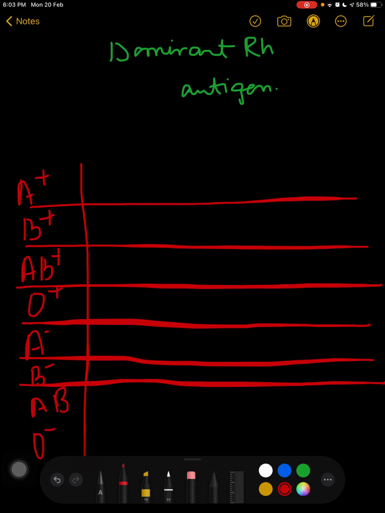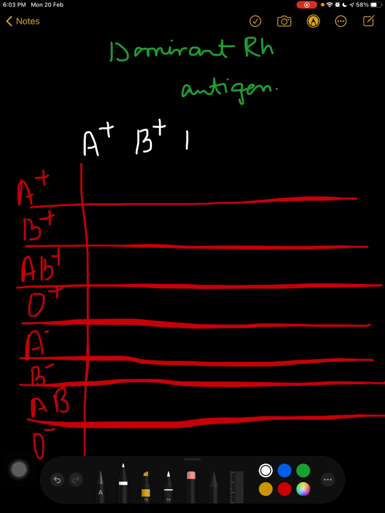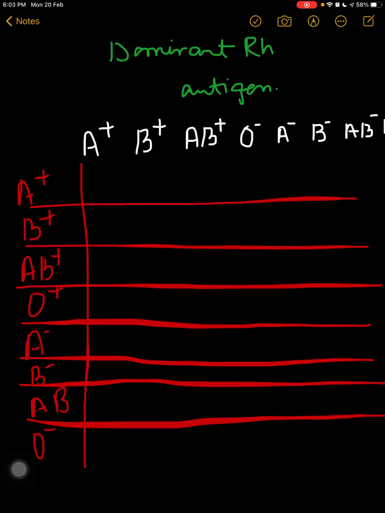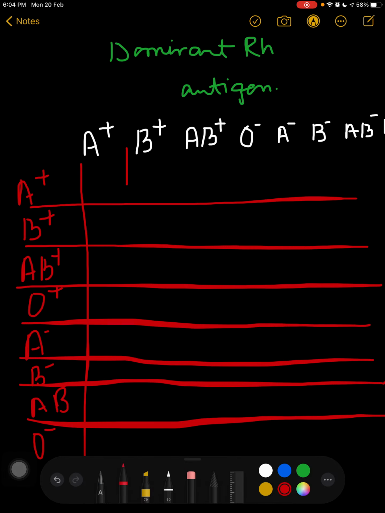This checkerboard is not given anywhere, but I've made this for your convenience, right? Let's make this: A positive, B positive, AB positive, O positive, A negative, B negative, AB negative, and in the last we have O negative. Okay, we'll be finishing this too.